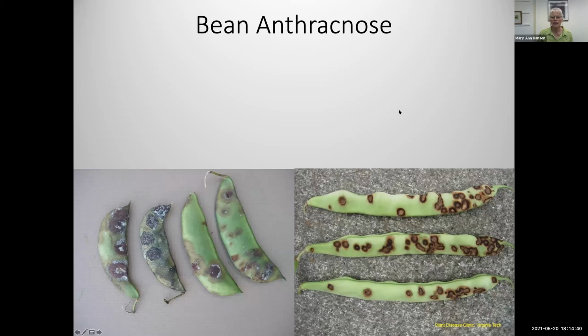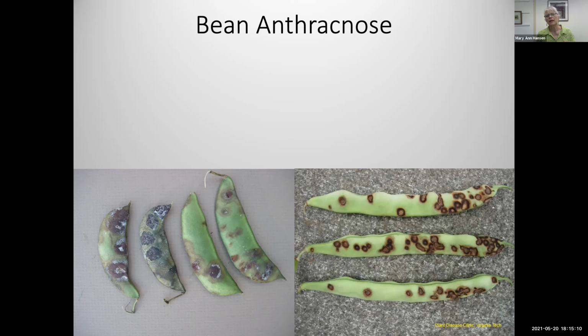Okay, great. So the first disease that Phil asked me to talk about was bean anthracnose, and this is a very common disease in a lot of parts of Virginia. I first want to explain this term anthracnose. You'll hear that often with respect to plant diseases, and that's kind of a general term, and it just means that the disease is caused by a group of related fungi, the anthracnose fungi.